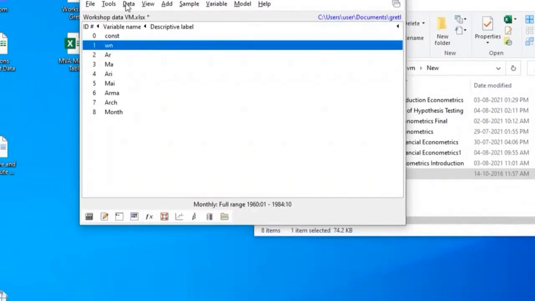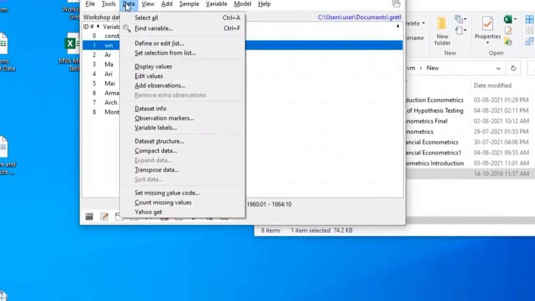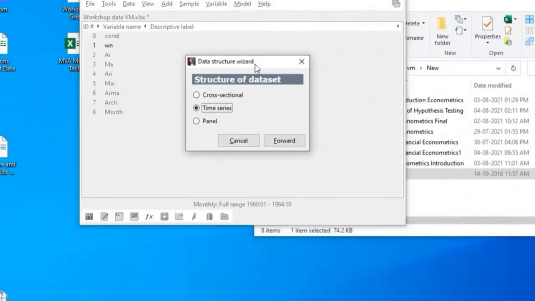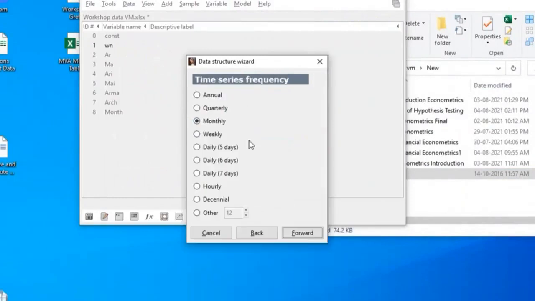In that case, we go to the data. Okay, I shall show you again. If we go to the data, here we have data set structure. That is this one. So we have the time series. Click forward. Then we click monthly. Okay. And then click forward.